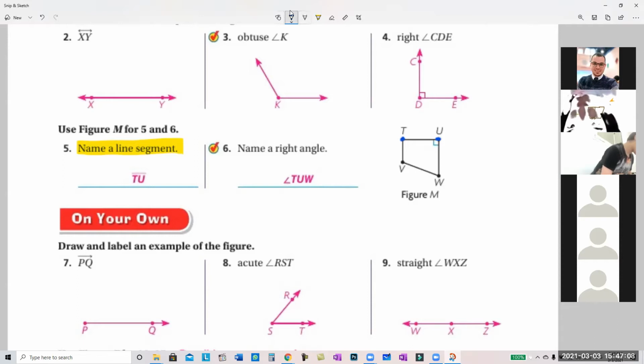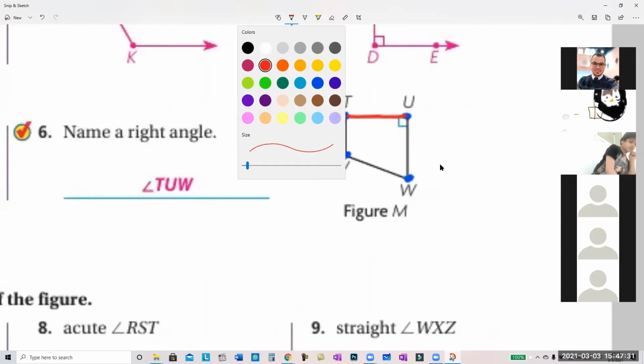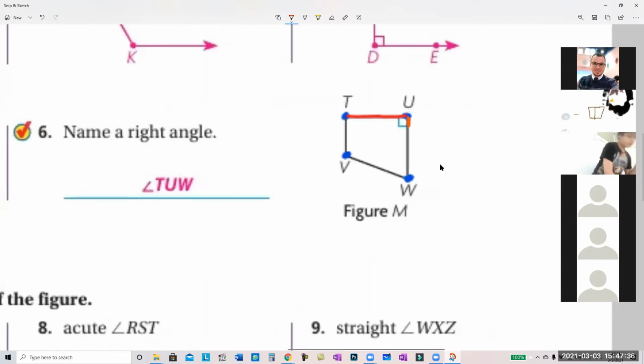So we have here 4 points, T, U, W, V. Okay, let's figure out how many line segments that we have. Okay, so we have T, U. So we have TU, okay? And we have also UW.